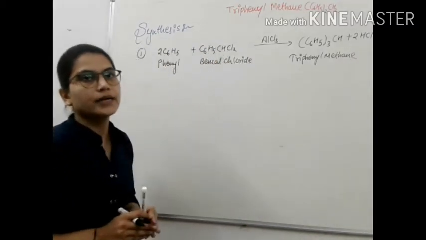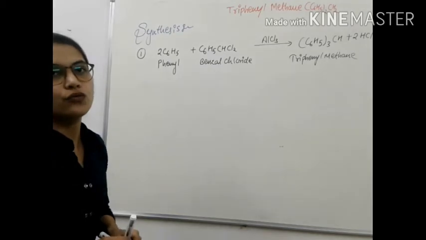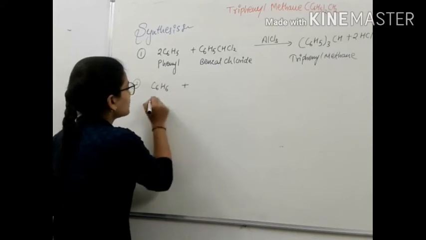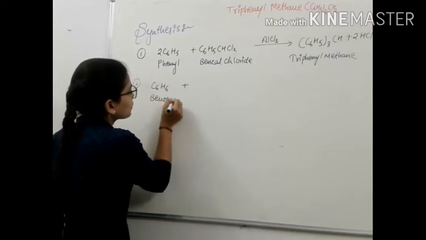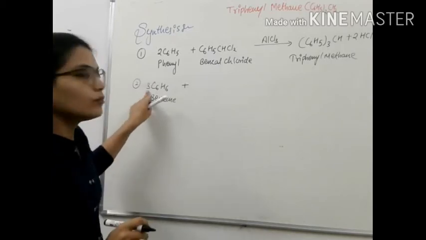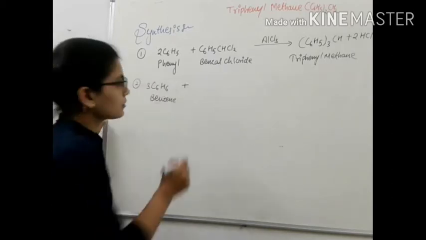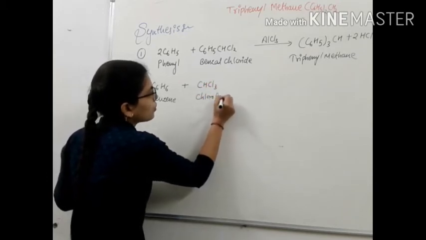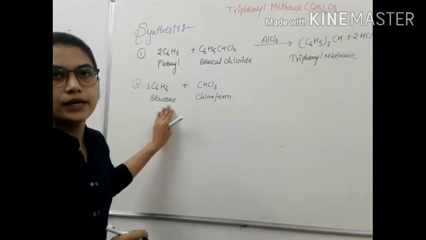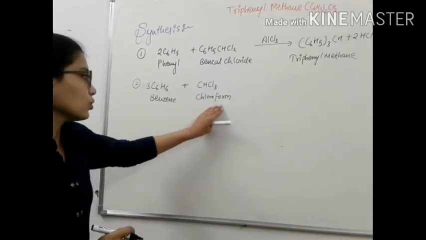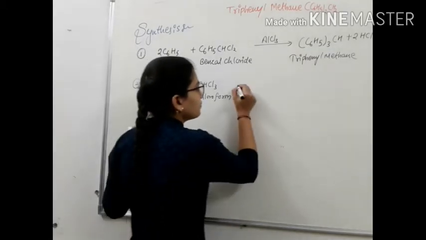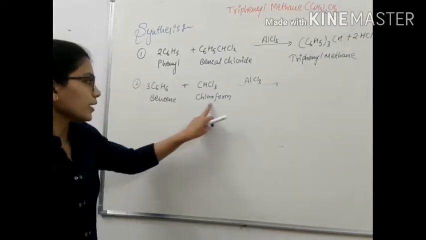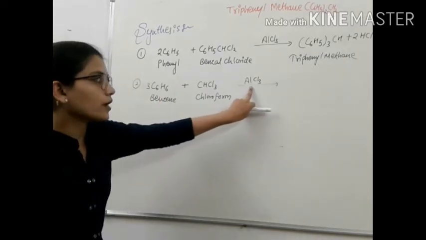The second method is when benzene reacts with chloroform. Take 3 moles of benzene, C6H6, and chloroform, CHCl3. The starting material is benzene, reacting with chloroform in the presence of aluminum chloride.